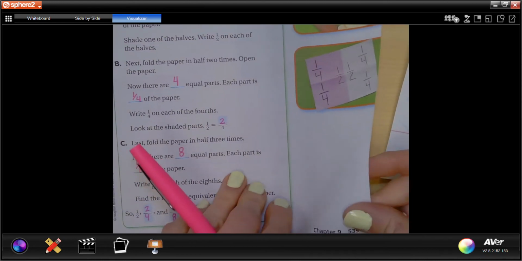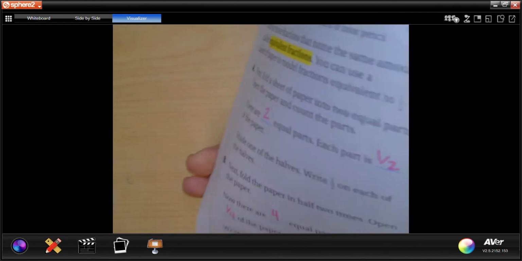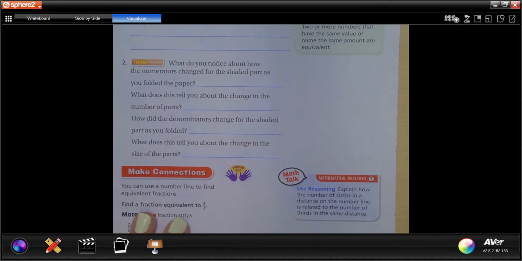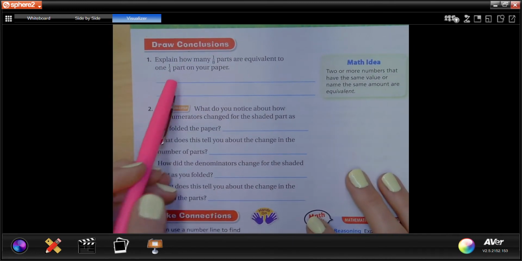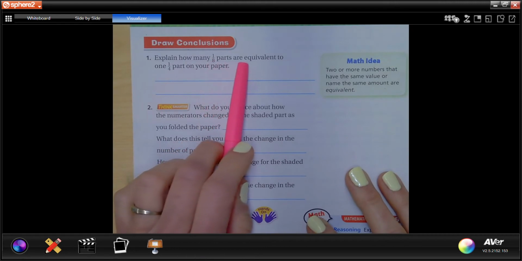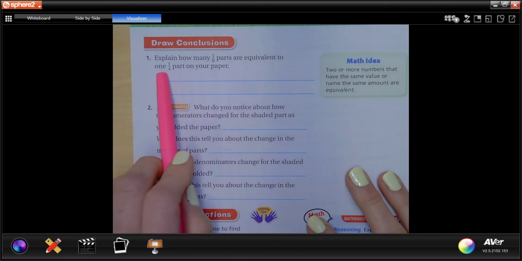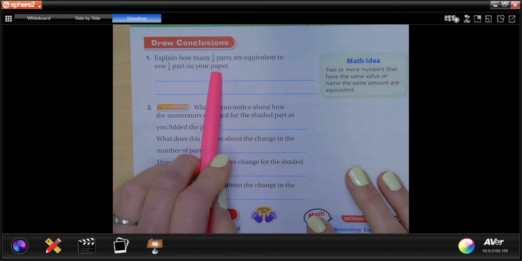Okay, we're going to turn over to page 540. Explain how many 1/8 parts are equivalent to 1/4 part on your paper.